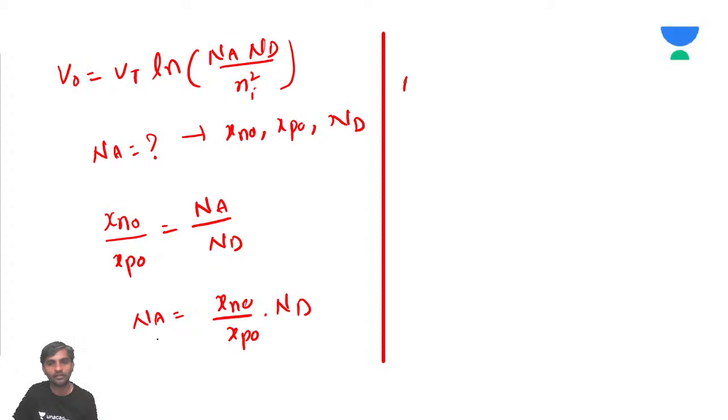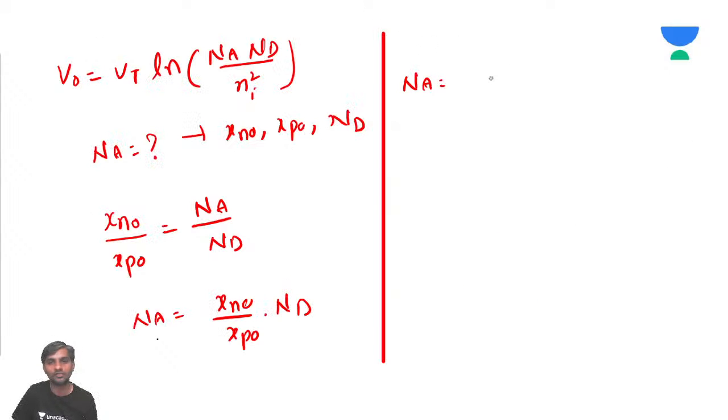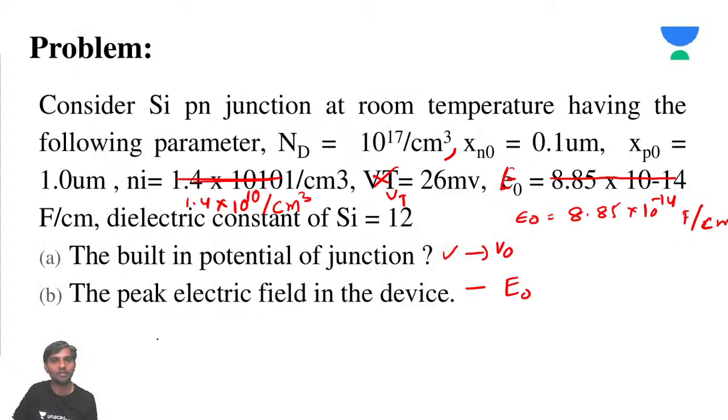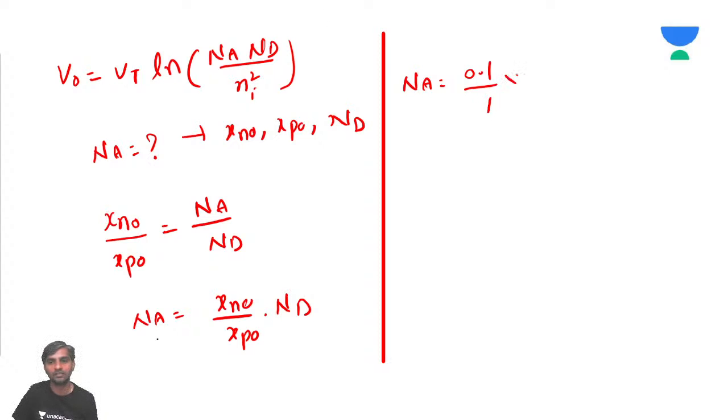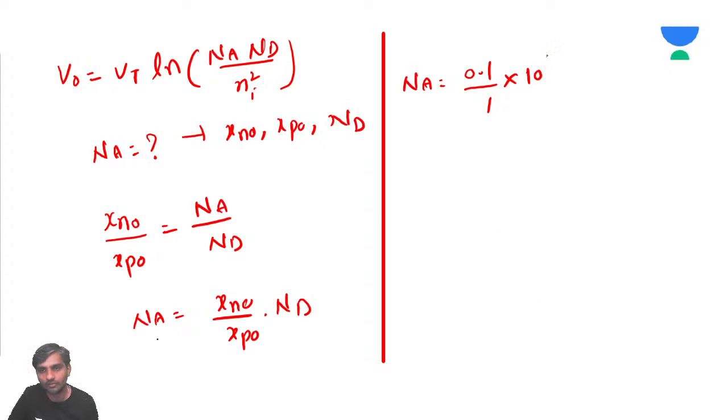What is Xn naught? 0.1 micrometers by Xp naught is going to be 1 micrometer into Nd, which is 10 to the power of 17. Simply Na is going to be 10 to the power of 16 per centimeter cube.